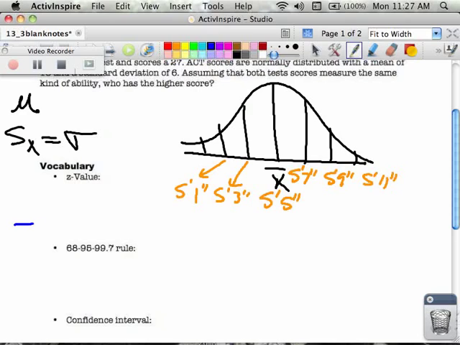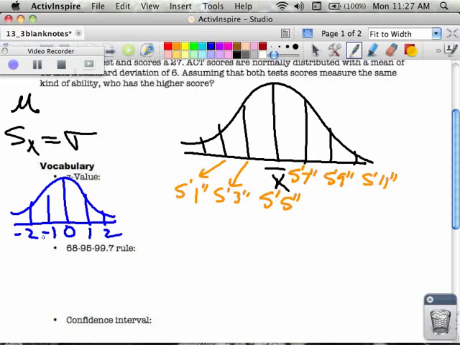So I draw my graph, and instead of having 50 or 5 feet 5 inches and all that, I would have a z-score of 0. I would have a standard deviation of 1. I'm 1 standard deviation away. I have 2 standard deviations away. 1 standard deviation to the left, or -1 standard deviation. 2 standard deviations to the left, or -2.